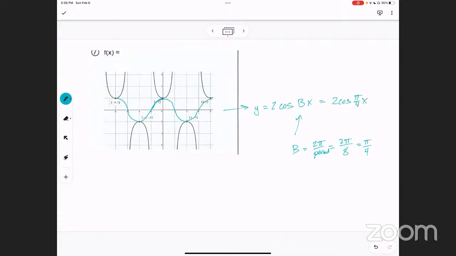That's the blue graph, right? But that's not what they want. What do they want? They want it for the secant graph. That's right. So what do I write? What does f of x equal?